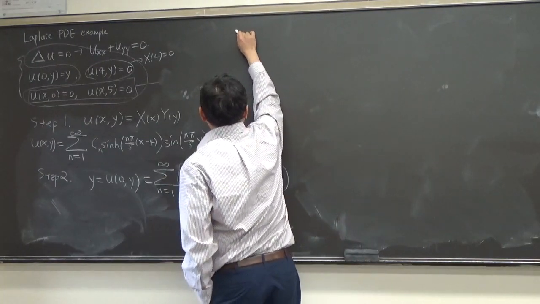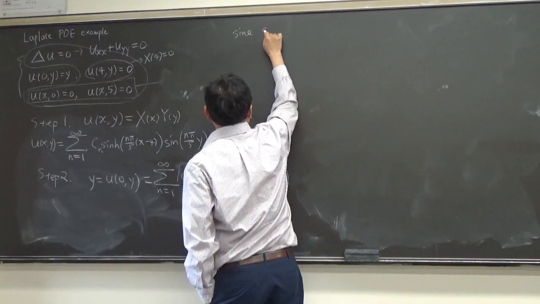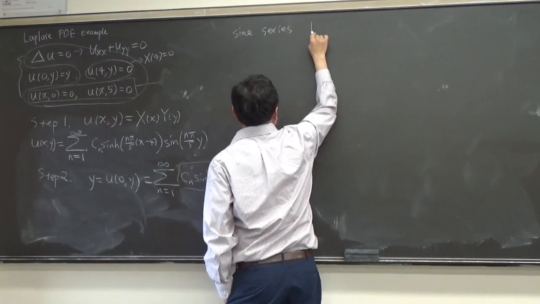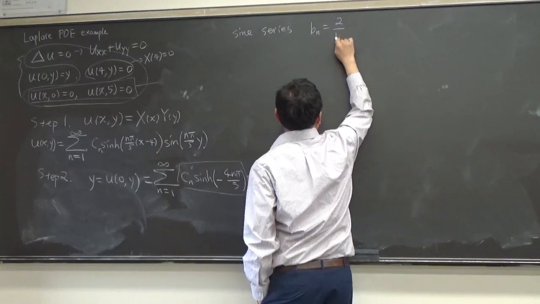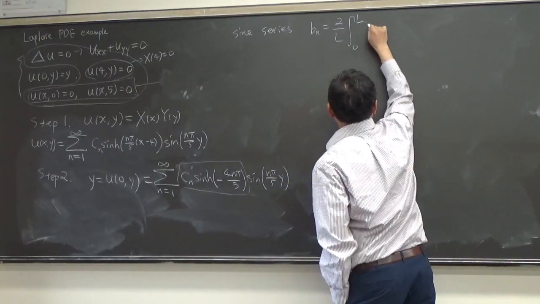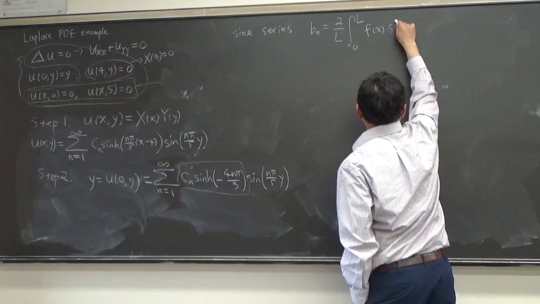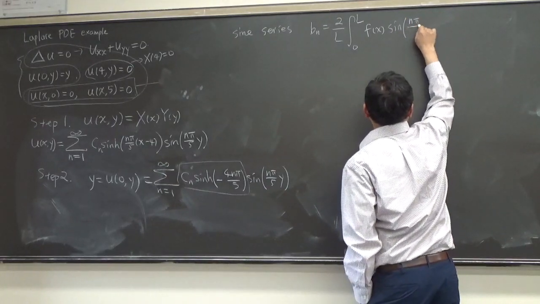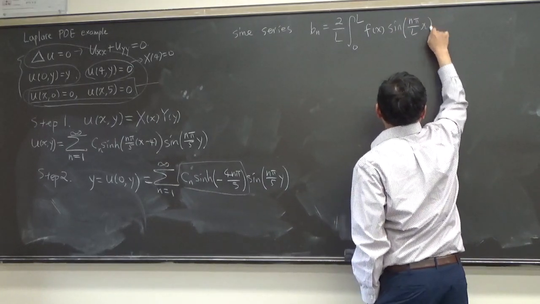Right, the Fourier sine series has the formula B_n equals 2 over L integral from 0 to L of f(x) times sine(n pi over L x) dx.